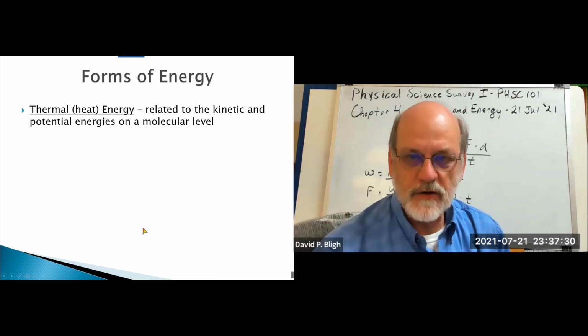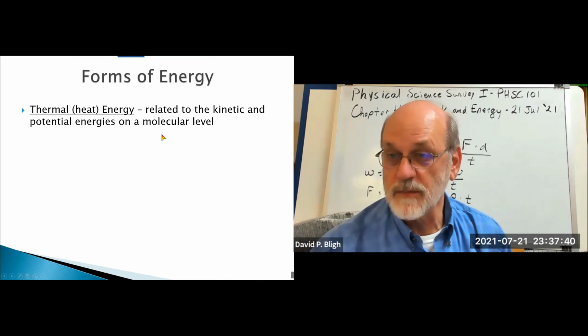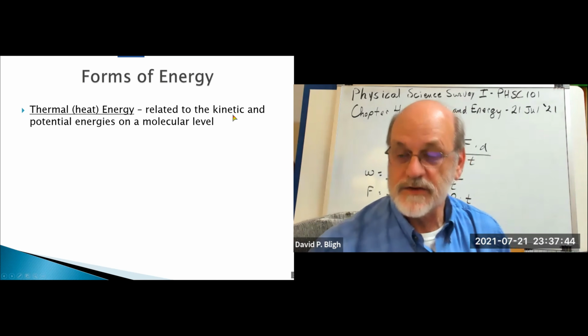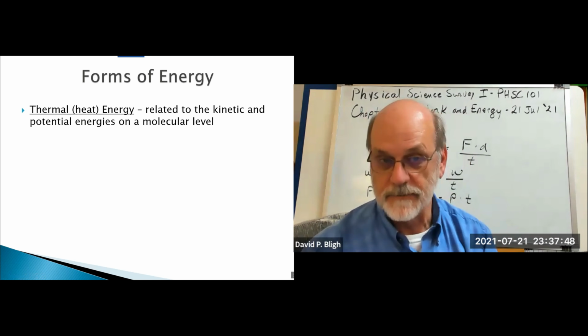Okay, what forms of energy do we have available? Well, thermal, heat energy, and that can be related to the kinetic and the potential energies on the molecular level. So the kinetic energy on the molecular level, how fast are those molecules moving? They all have kinetic energy.